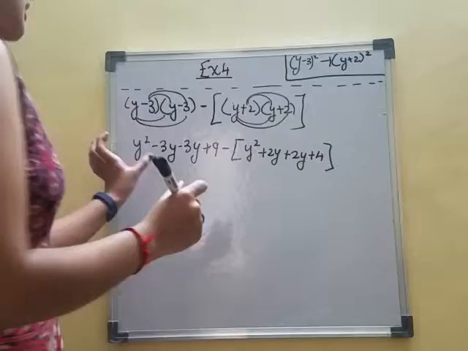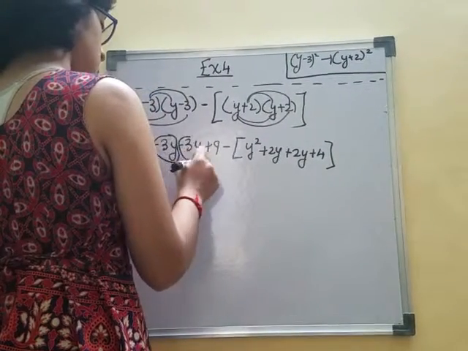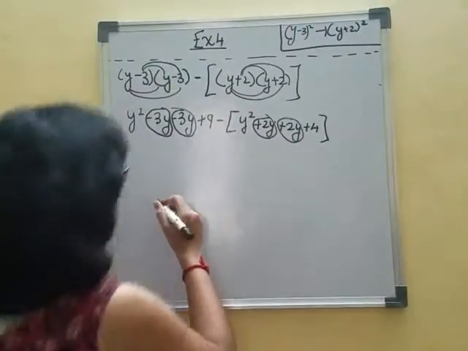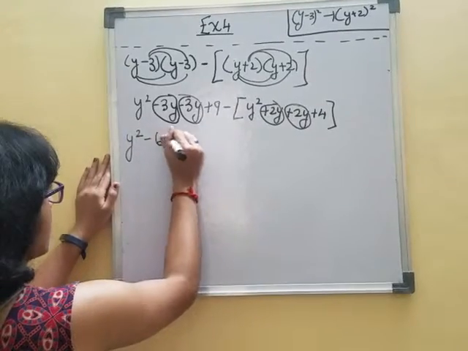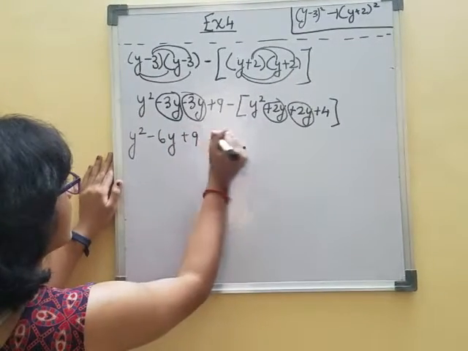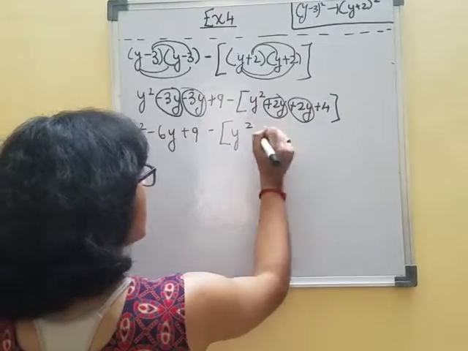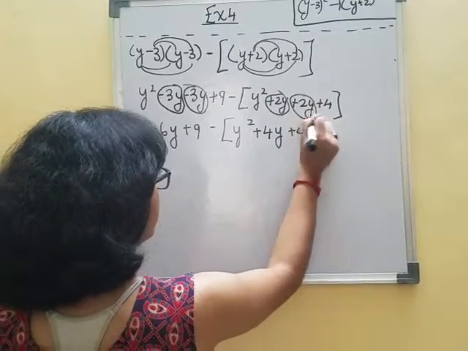Now I am going to combine these like terms, and I'm going to get y squared minus 6y plus 9 minus brackets y squared plus 4y plus 4.